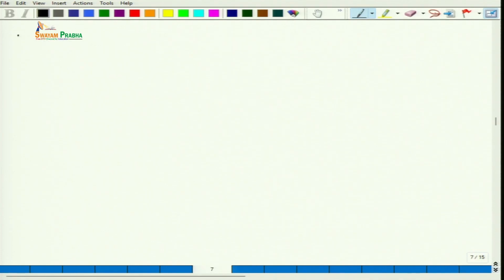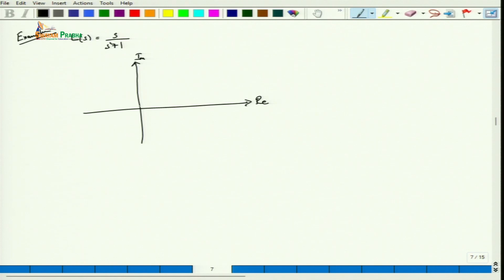In this case, L of s is equal to s divided by s square plus 1. What we will first do is plot the s plane, real and imaginary axis, and as we had done in the last case, we will plot a pole-zero map.